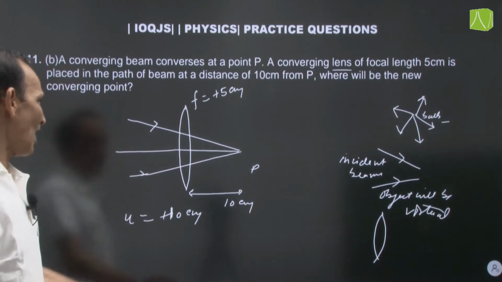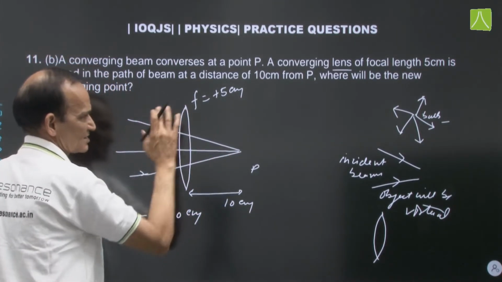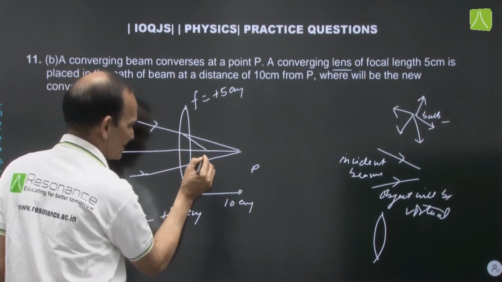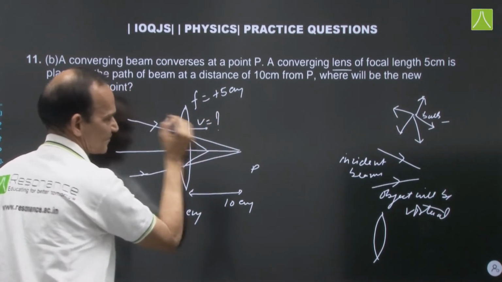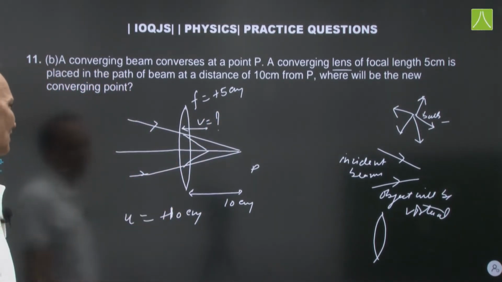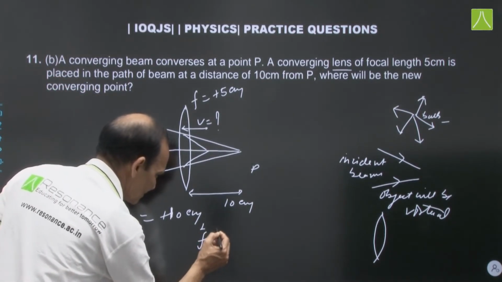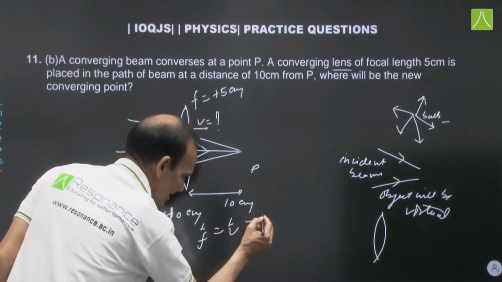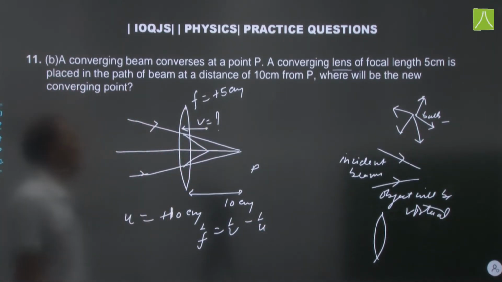Is it clear? Now it will not converge at this point. Because the nature is converging, it will converge at this point. Here will be v, which is to be found. All are given: u is plus 10, f is plus 5. So 1 upon f is 1 upon v. Remember, not plus: for a lens it is 1 upon v minus 1 upon u.